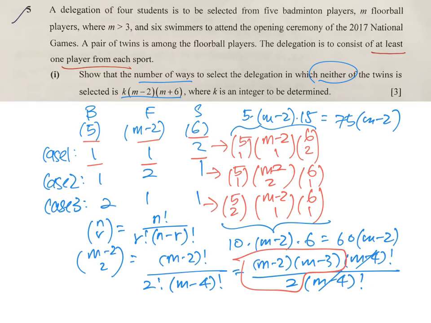And we can put this expression back into what we have in case 2 for n minus 2 choose 2, and then multiply with 5 and 6. This will actually give me 15 times of n minus 2 n minus 3. Now let's add up the total number of selections.